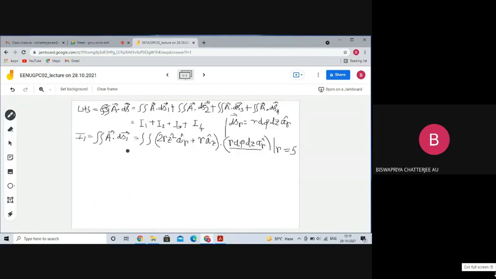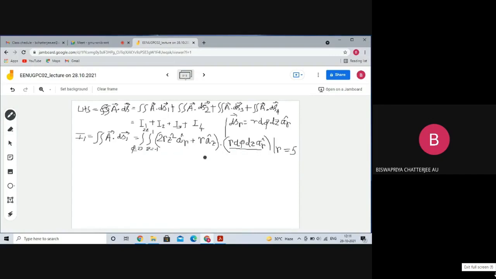Phi, as you know, is 0 to 2 pi, and z is in the range -1 to +1. So this is the expression for the integration.